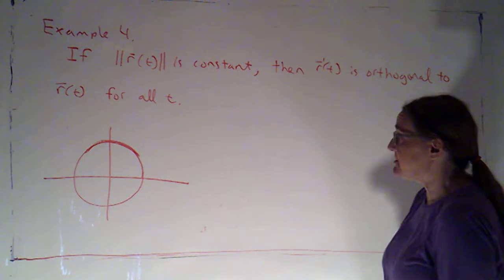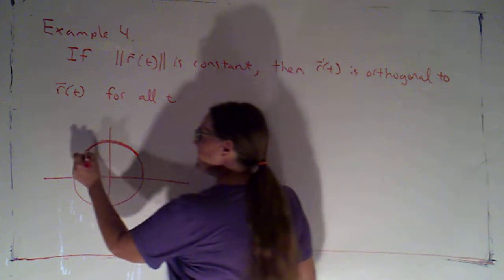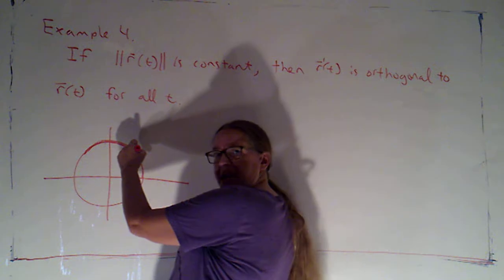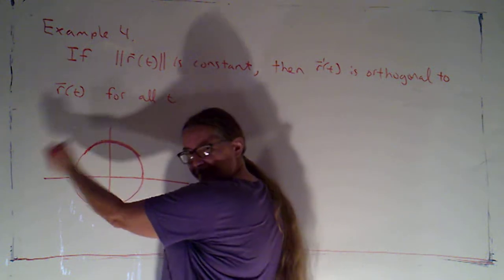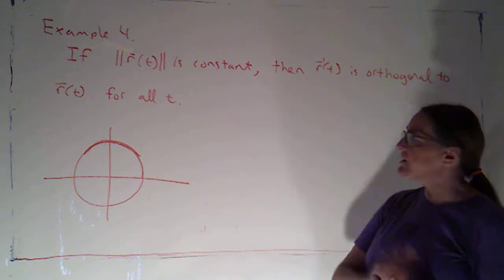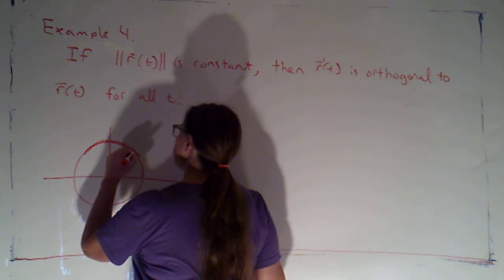And this is saying that the derivative has to be orthogonal to r of t for all values of t. Well, there are 2 options there. Either the derivative is the 0 vector. Now that could happen if I'm doing something like retracing the curve. Anytime I change direction, my derivative would be 0 at that particular time. But at the times when the derivative is not 0, that's going to take on a geometric meaning.